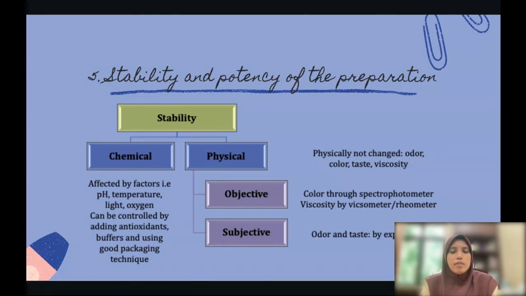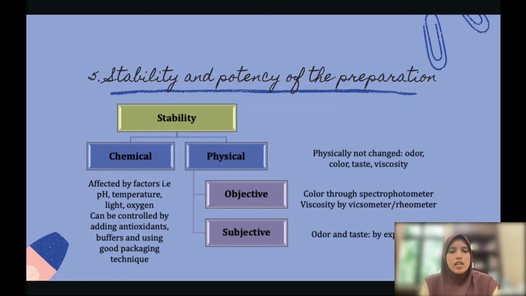So the stability of the drug can be tested through an objective or subjective approach, such as through a specific machine, as an example, a spectrophotometer, or the odor and taste can be based on the experience of the formulator. For the chemical stability, actually we can evaluate by using methods such as HPLC if we have them in the lab.